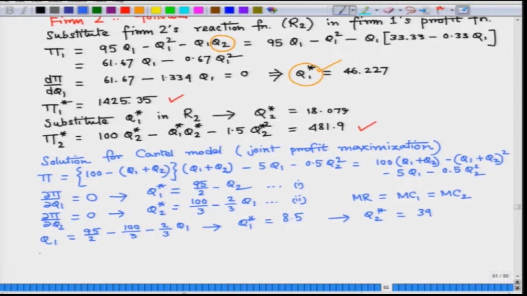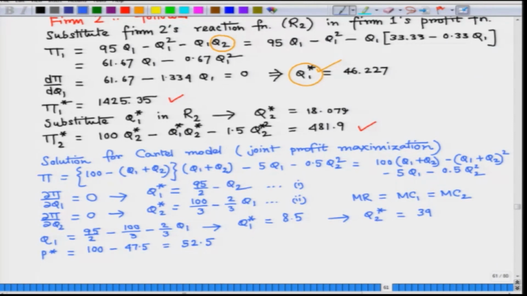So, then basically I need to plug these Q1 star and Q2 star values in my demand function to get the price to be set in the market, and I get 100 minus 47.5, which is equal to 52.5 in terms of either rupee or dollar, whatever monetary unit I am assuming for price.